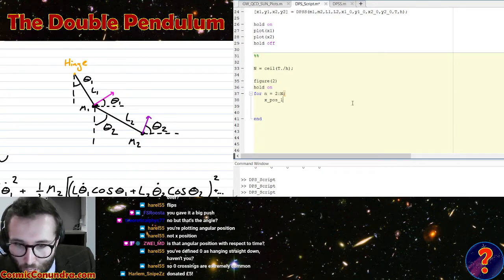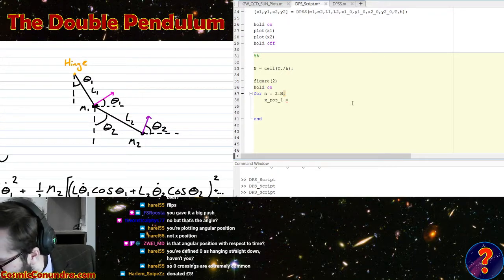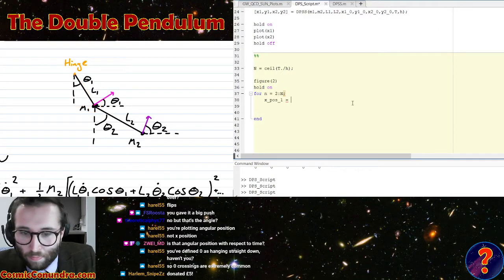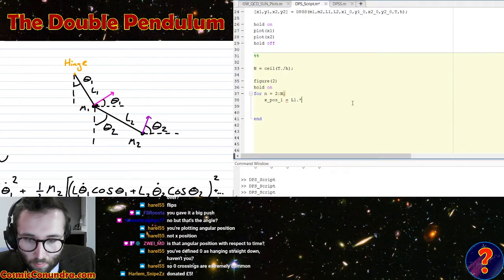So x pos 1 is the x position of the first particle, and that is going to be given by, well, let's look at it. The x position of the first particle is going to be L1 times sine of θ1. But remember, θ1 I've called x1.